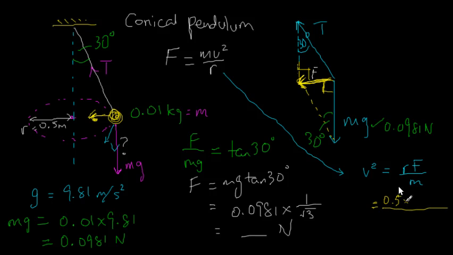It's a bit complicated. I'll put on the m first. m is 0.01. And then my F is 0.0981 divided by root 3.